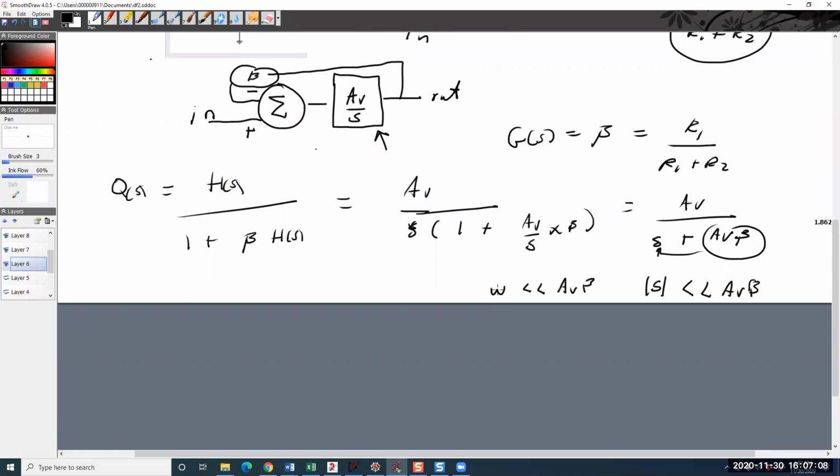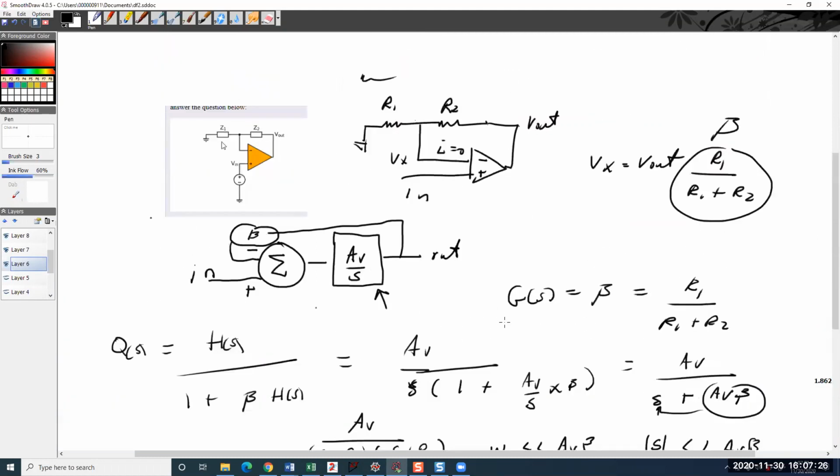And it's easy to directly find the frequency in question. That's what the midterm was, except this was the transfer function.